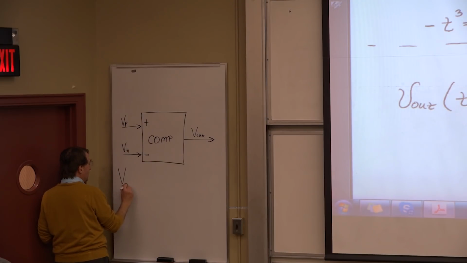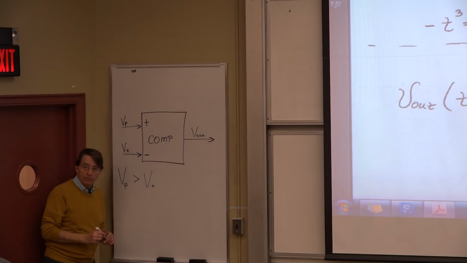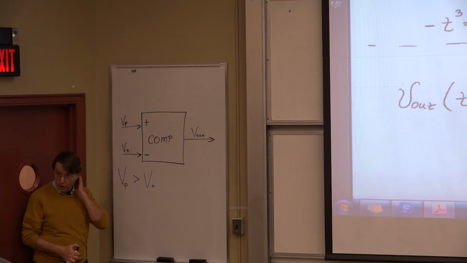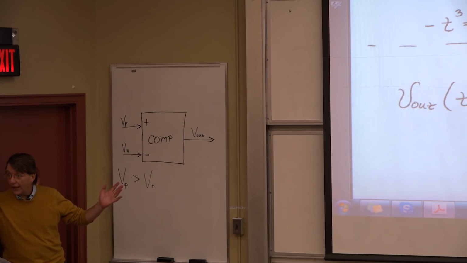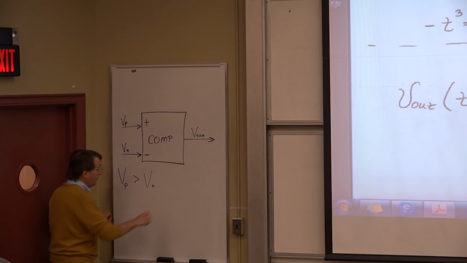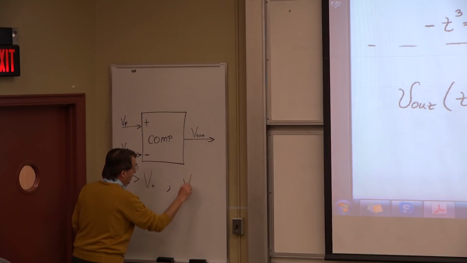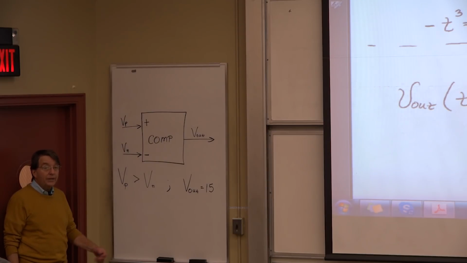When V positive is greater than V negative, we then have a positive number going into this op amp. The gain of the op amp is 200,000. 200,000 times virtually any small number is 15. So V out is 15. That is all you need. How am I doing?